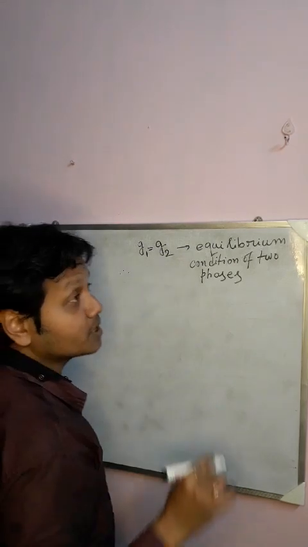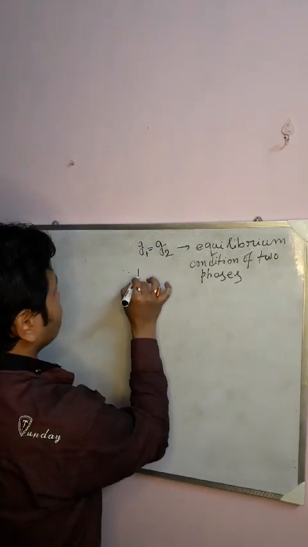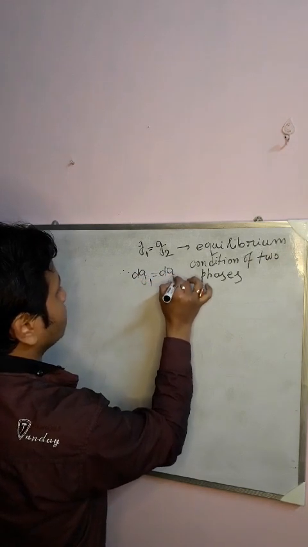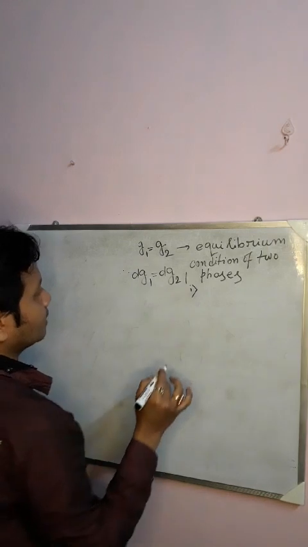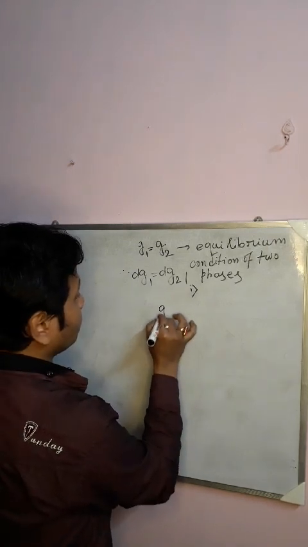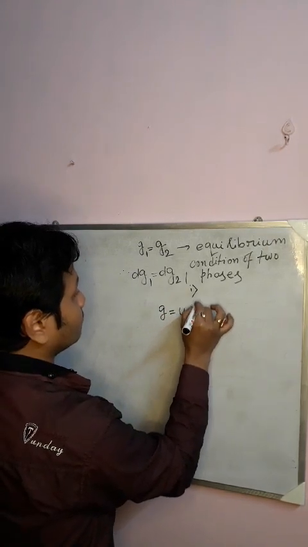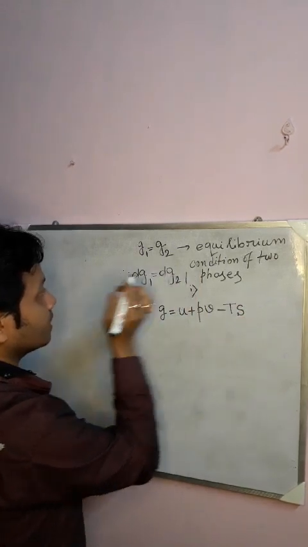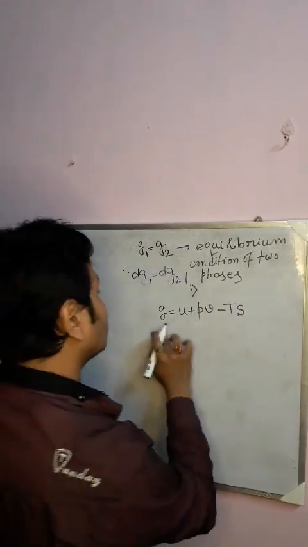So 1 and 2 represent the initial and final phase. So you can write dg1 equals dg2. Now what will be my g? Since I give here small letters, I also put all small letters.